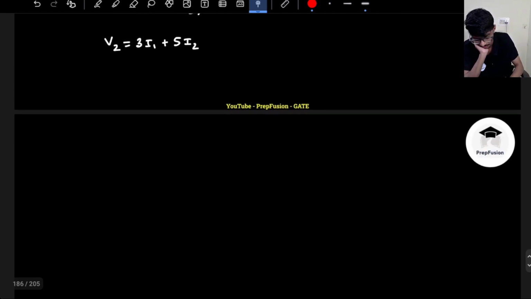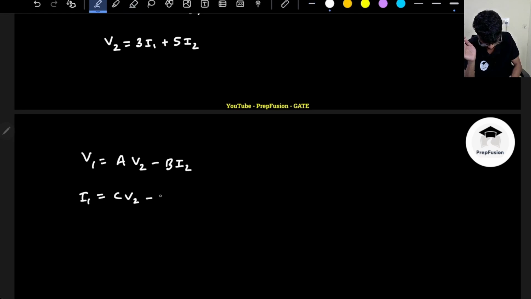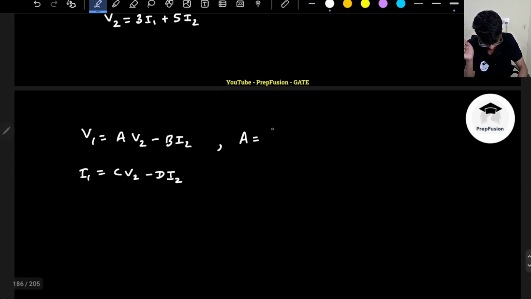How do you find out the ABCD parameters? What is A? Let me first write down the equation of ABCD parameters. It is V1 equals AV2 minus BI2, and my I1 is CV2 minus DI2. Okay, so my A equals V1 by V2 when my I2 current is 0.